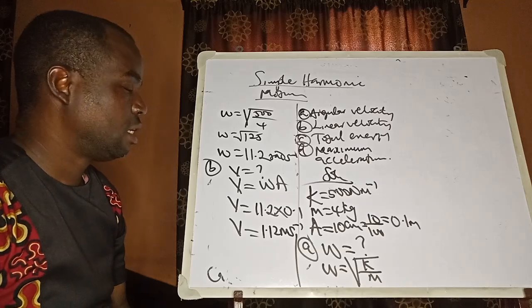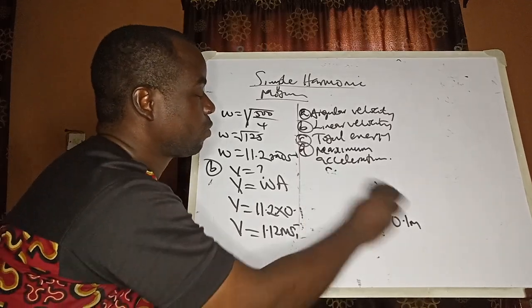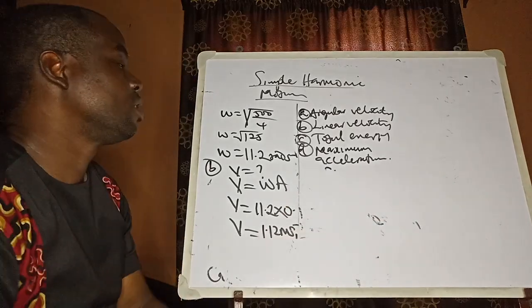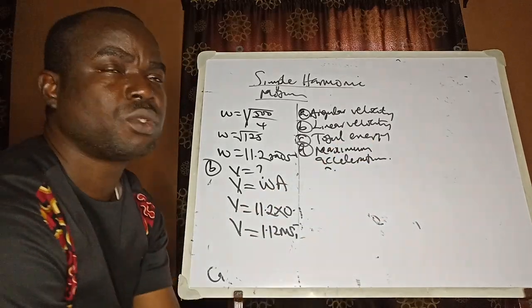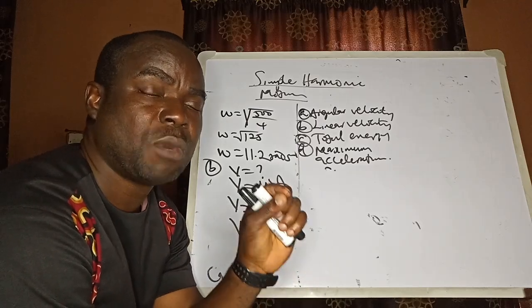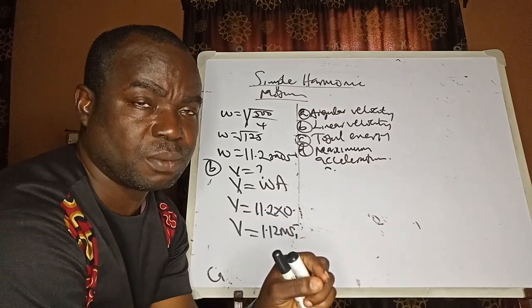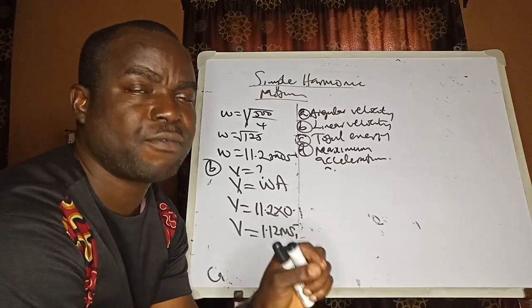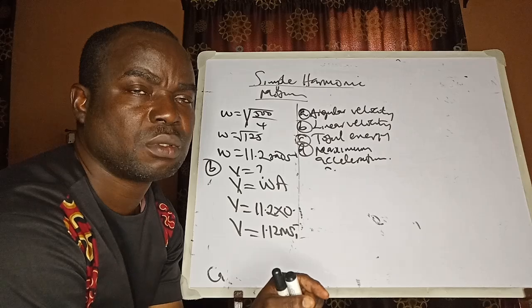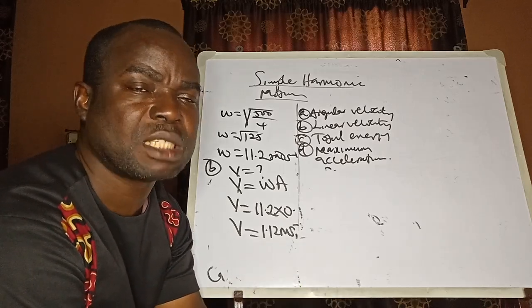All right. Then the third one is total energy. What is total energy? Check that. There's a formula I gave you that says maximum kinetic energy is equal to maximum potential energy and is equal to total energy and is equal to half K A squared or mgh maximum.